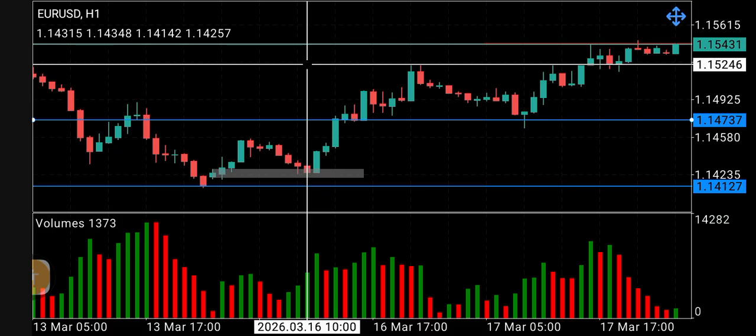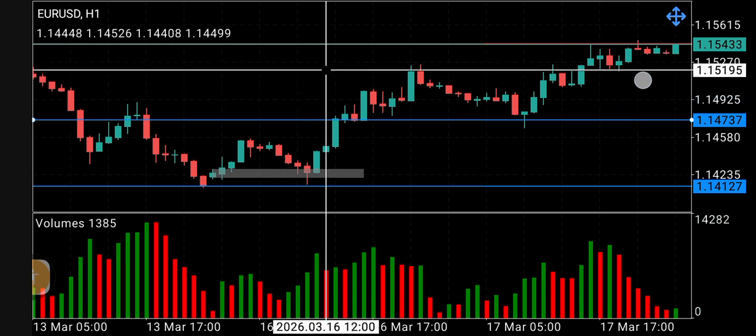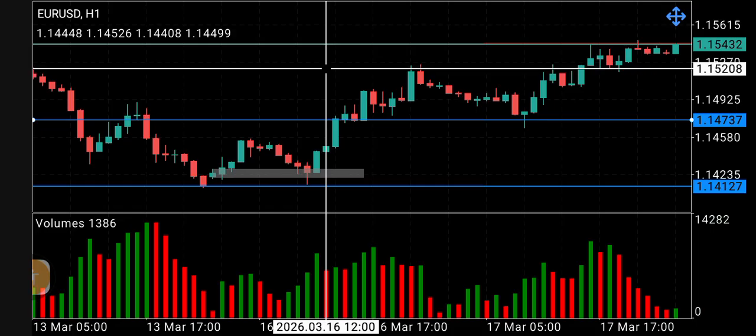So instead of 1.1524, I put it at 1.1521 exactly. So I made about 40 pips, risking 18, which is completely 1:2.